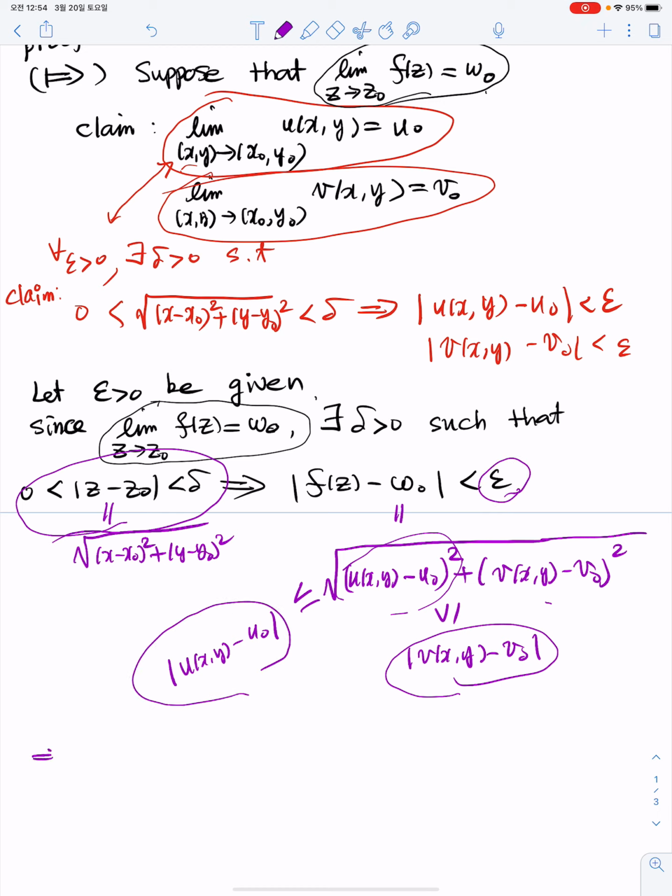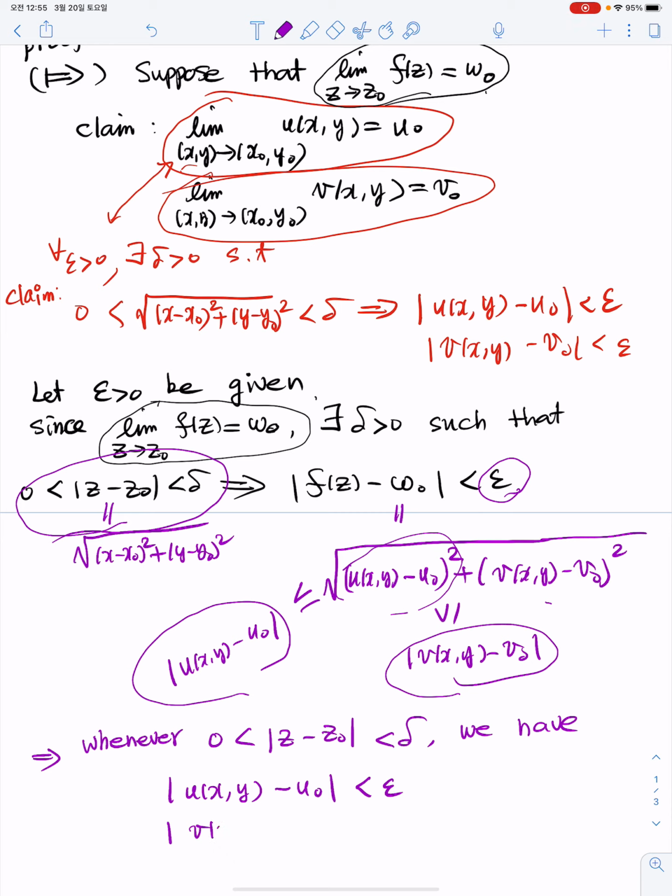That implies whenever 0 is less than |z minus z0| less than delta, we have |u(x, y) minus u0| less than epsilon and |v(x, y) minus v0| less than epsilon.